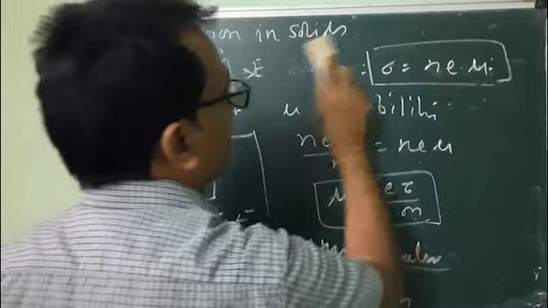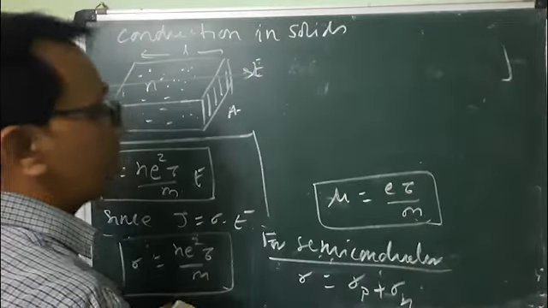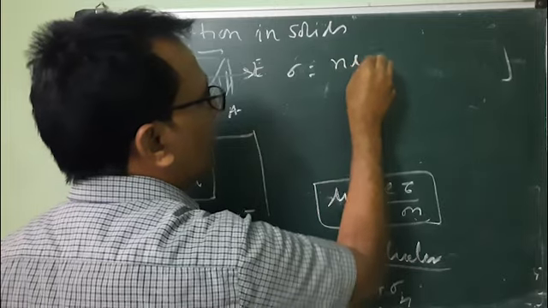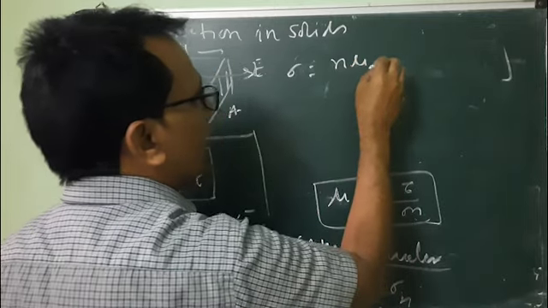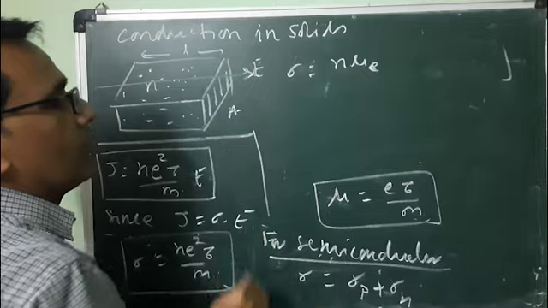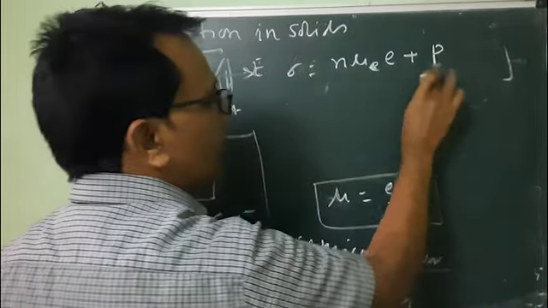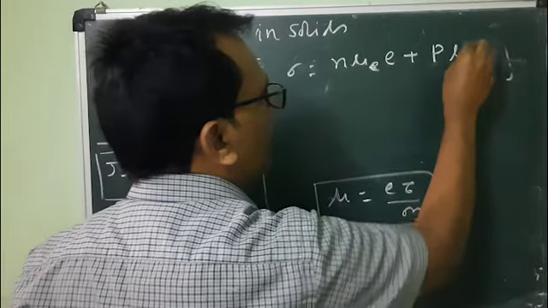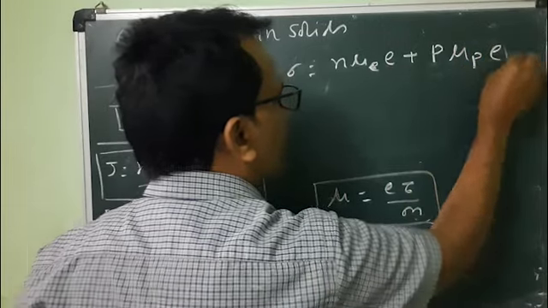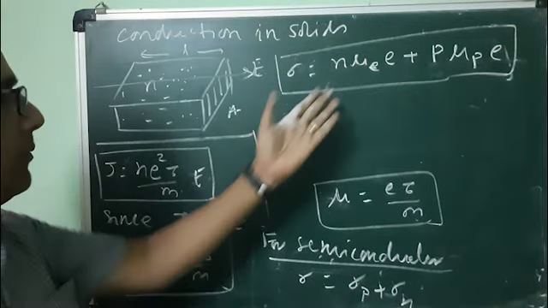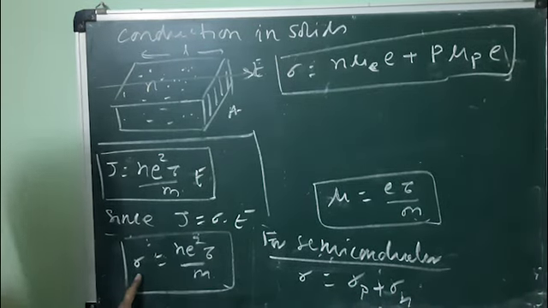One can write sigma as n mu n multiplied by the charge of electron e, the mobility of electron, plus p, the hole density, multiplied by mu p and the charge.